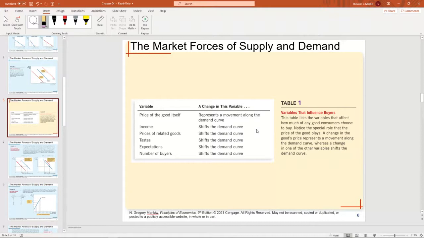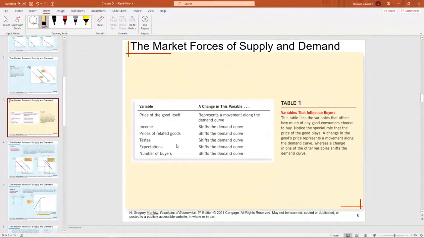So the only way they're going to survive is if they drop their price to get that total price down to where the market expects it to be. You've got peanut butter and jelly, hot dog and hot dog rolls. There's so many complements out there.